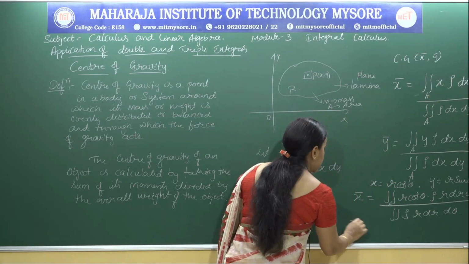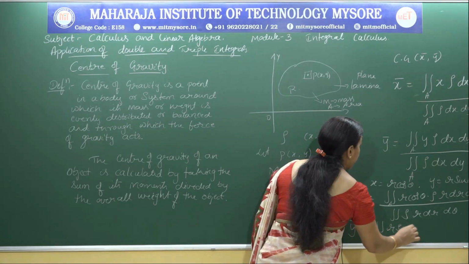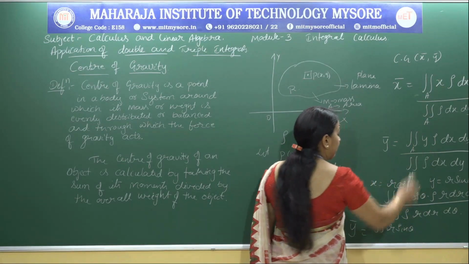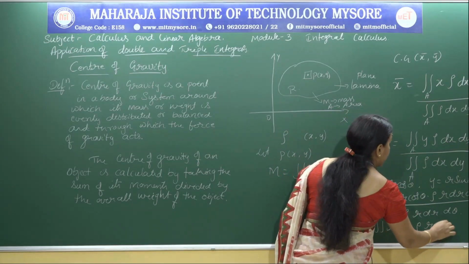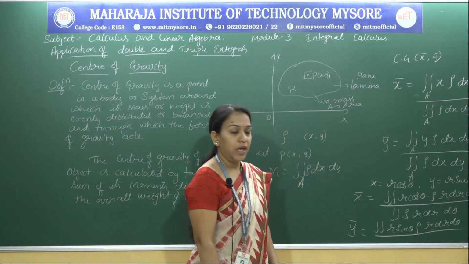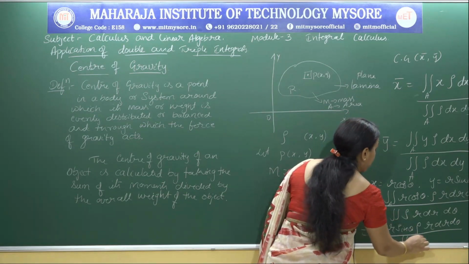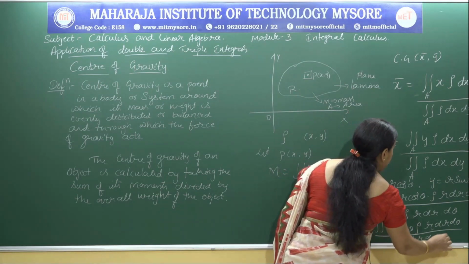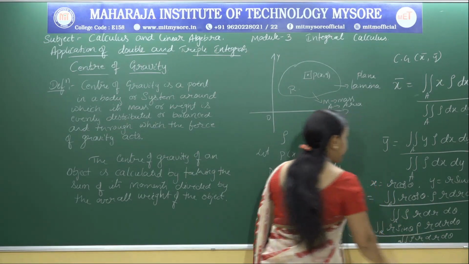Similarly y bar is given by the double integral of r sin theta into rho into r dr d theta, divided by the double integral of rho into r dr d theta over the area A.